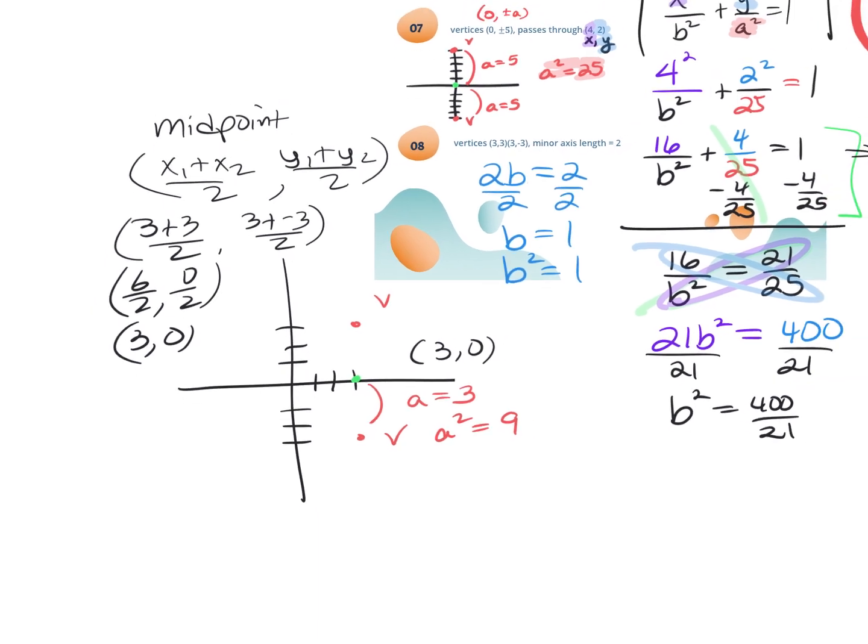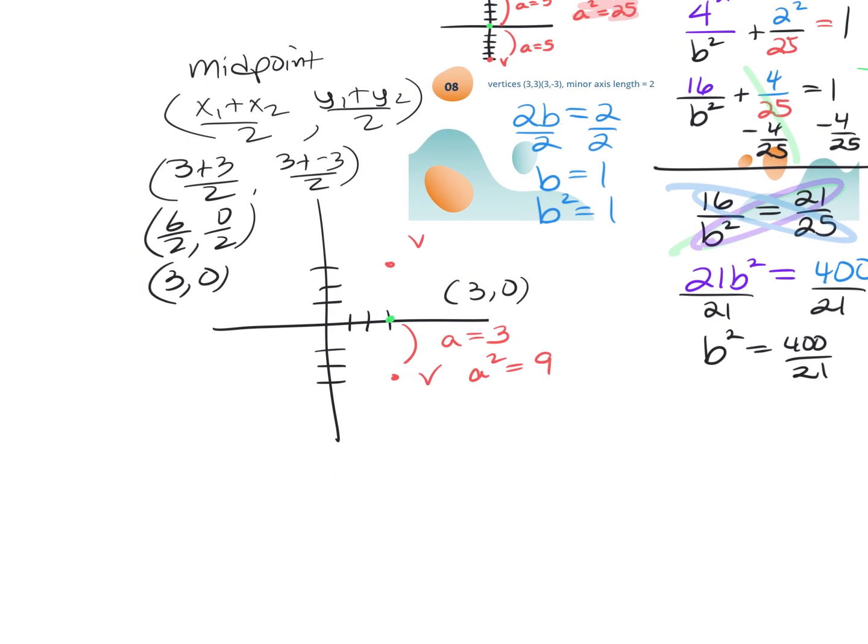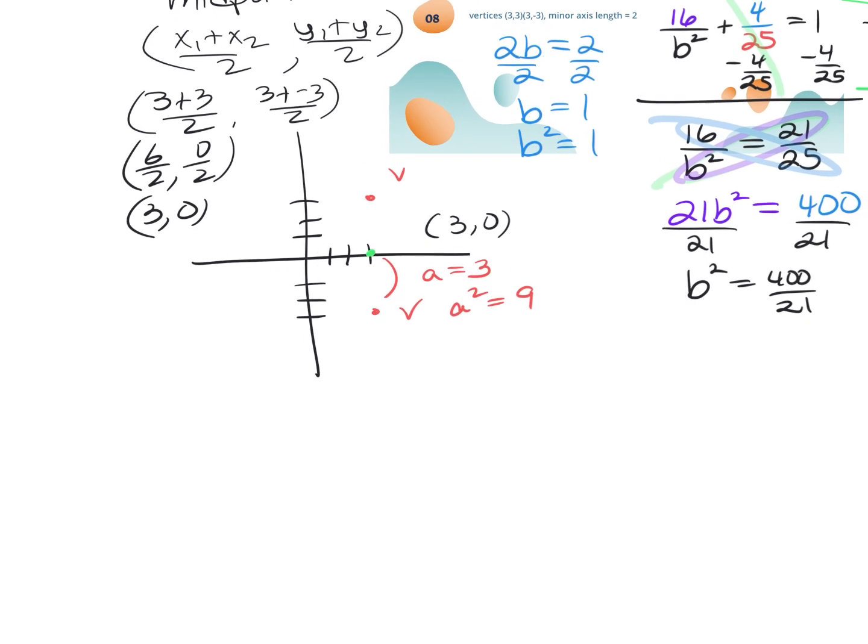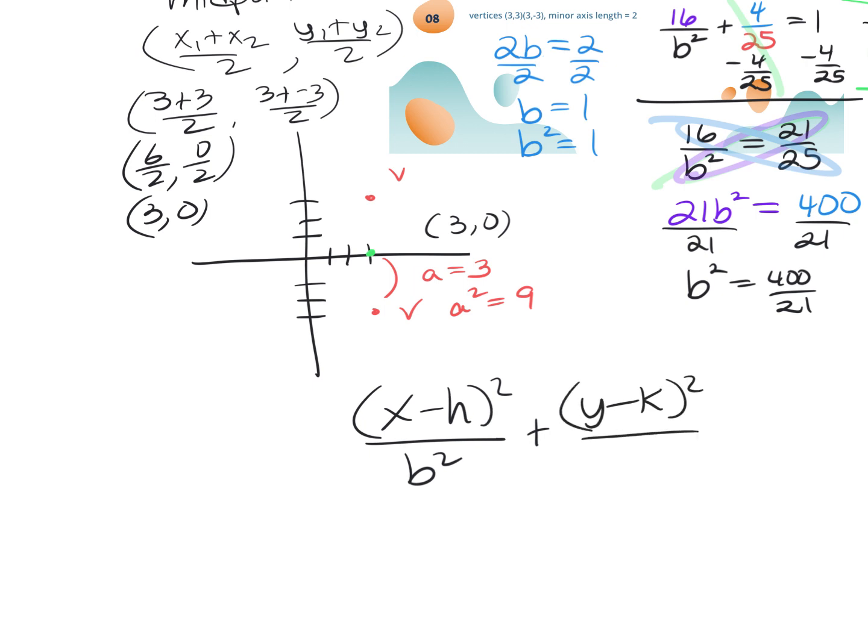Now, for this question, since the center is not at 0, 0, and you can see the two vertices are on top of each other, this tells me my bigger number, my A squared, is going to be under y. So the formula I'm filling in is x minus h squared, h is always with x, over B squared, plus y minus k squared over A squared equals 1. So now I'm going to fill in A squared with the 9. I'm going to fill in B squared with the 1.